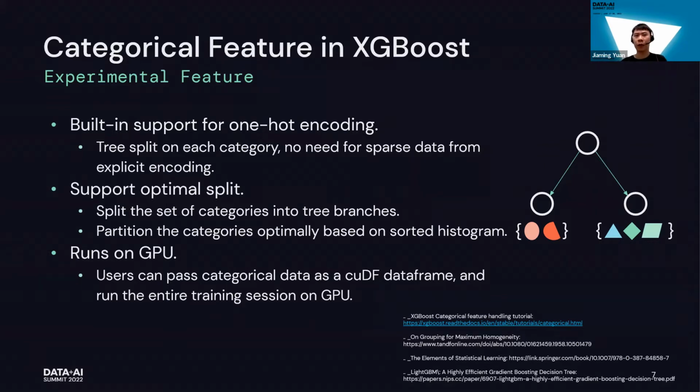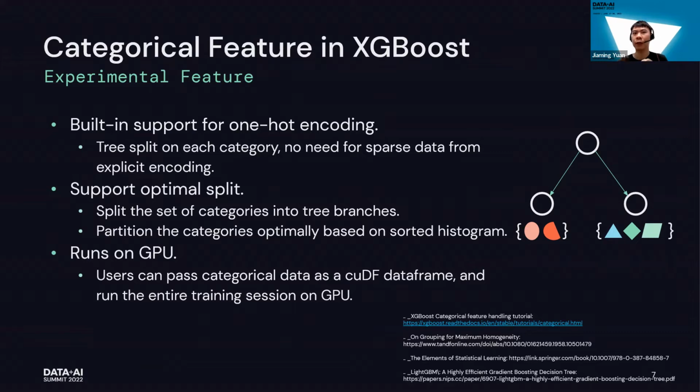Unlike the one-hot encoding, we support optimal split, which means we can partition the categories into two sets, one set for each branch of the decision tree. In this way, we can have multiple categories for each tree split, and we can converge much faster.